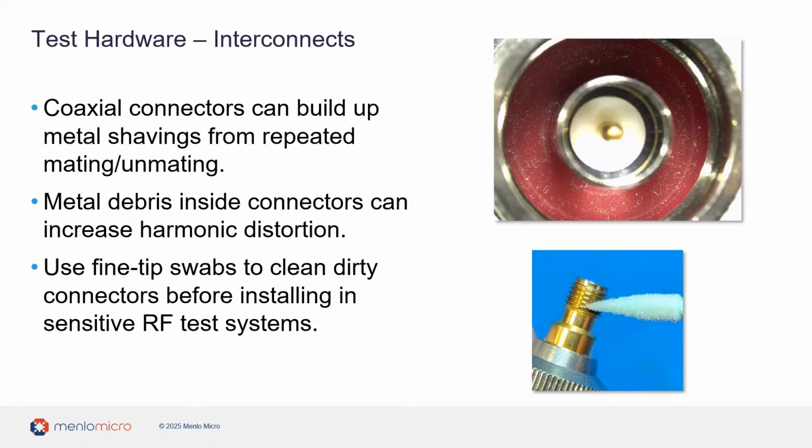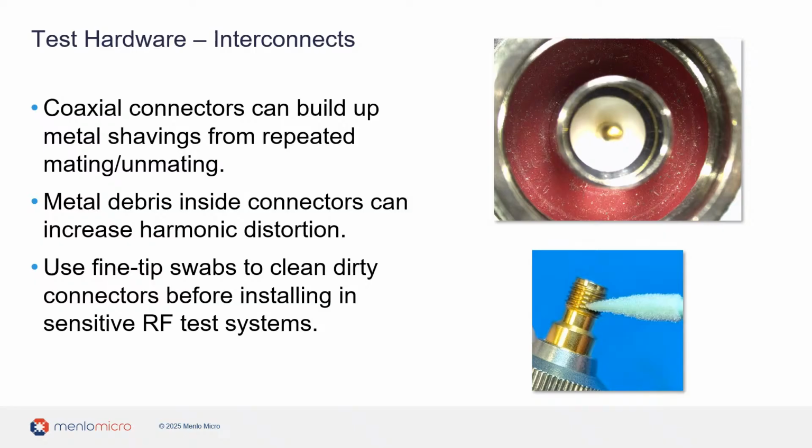In a sensitive measurement system, damage or debris inside the connectors can be a surprising cause of harmonic distortion in the system overall. Coaxial connectors can build up metal shavings from repeated mating and unmating that then get stuck to the gasket, as you can see in the image on the top right.